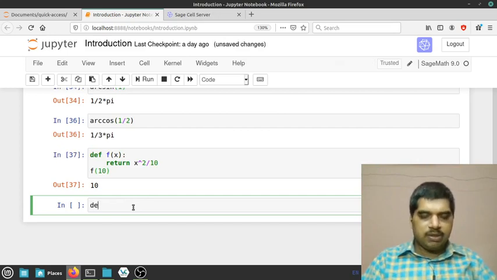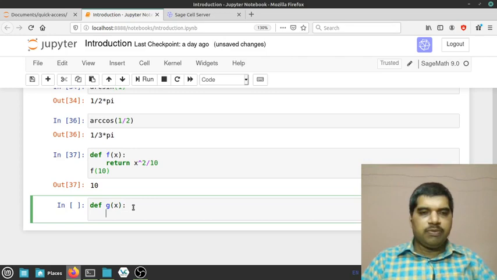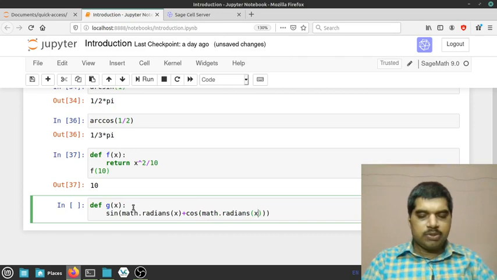Otherwise, define g of x in the following way: sine of math.radians of x plus cos of math.radians of x.